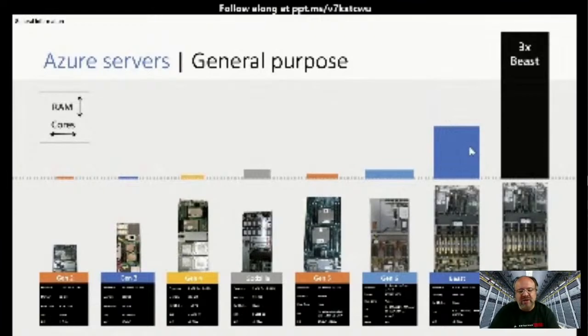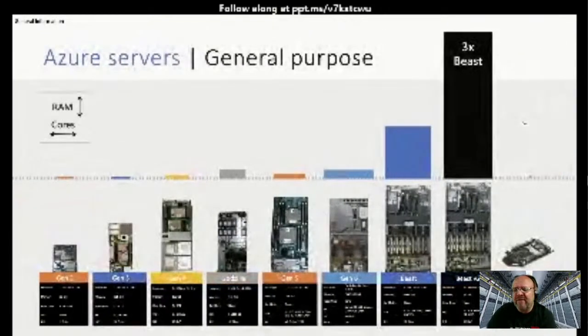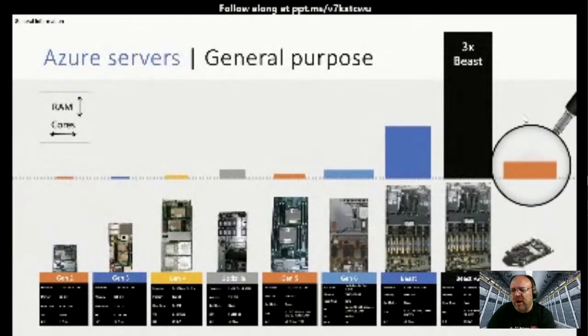So we see that pendulum of smaller servers and hundreds of thousands of servers versus larger servers. And then we even have the Azure Sphere, which is a much smaller device at 0.00000, lots of zeros, 53 of a Beast.